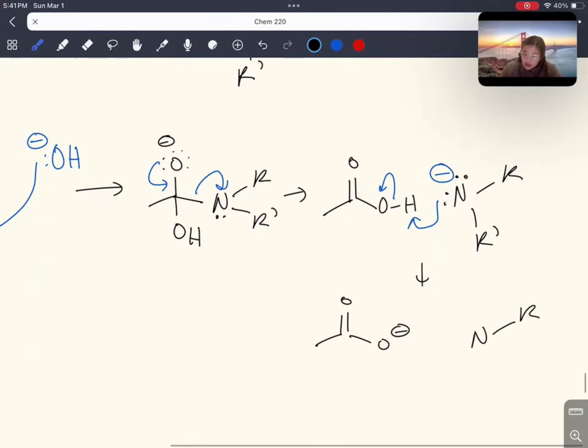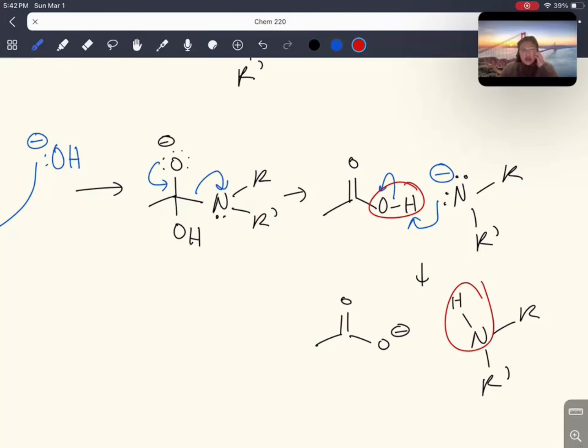And you might be wondering how you know if you have the hydrogen on the OH versus on the N, right? Because it's a reversible reaction. It can go back and forth. The reason why the minus charge ends up being on the oxygen is that this carbonyl is much better at stabilizing a negative charge compared to a nitrogen atom. So in general, oxygen is electronegative, and so electronegative atoms are better able to stabilize negative charges.